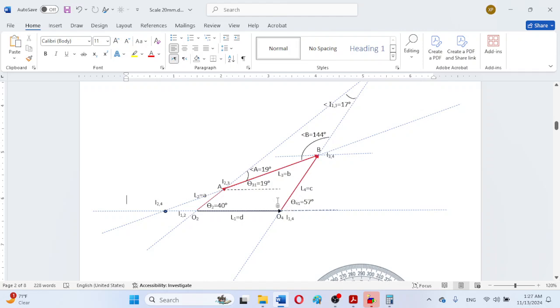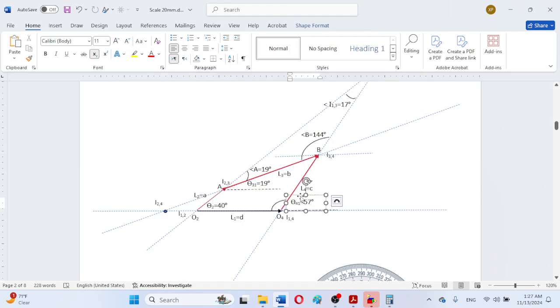So the angle at this location, for example, just copy this arc here like this, this angle will be equal to 180 degrees minus theta 41.